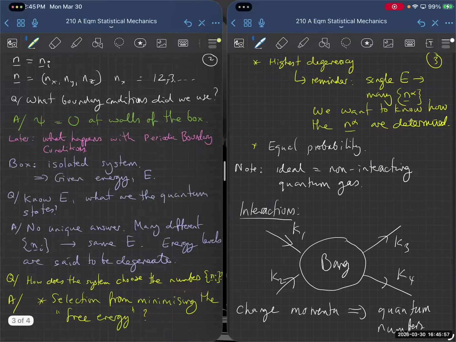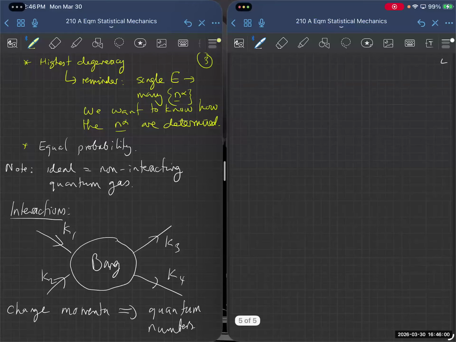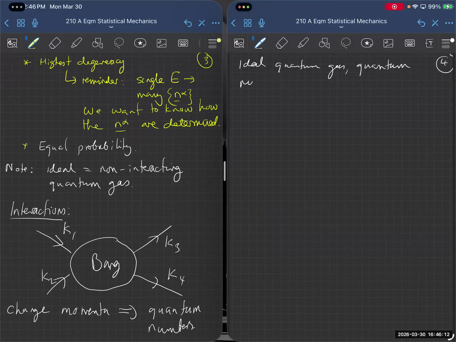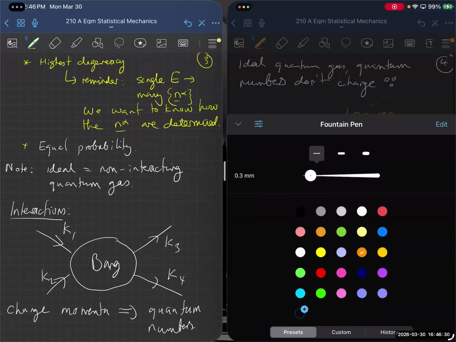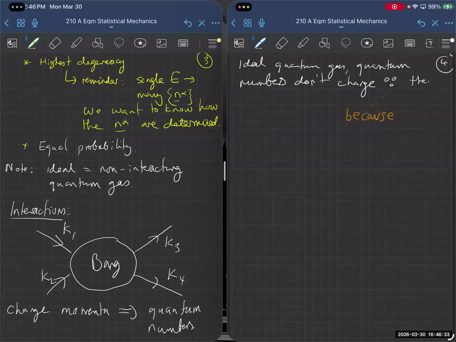So what that means is that for an ideal quantum gas, the quantum numbers don't change, because there are no interactions.